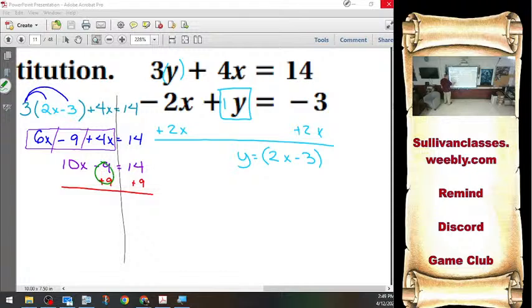Zero that out and show that 10x is now 25. Uh-oh. I did a dumb? 23? Still an uh-oh. Because what happens when I divide by 10?